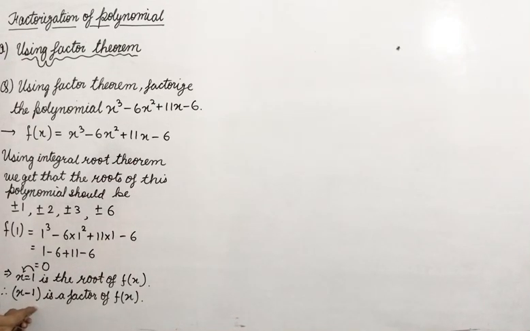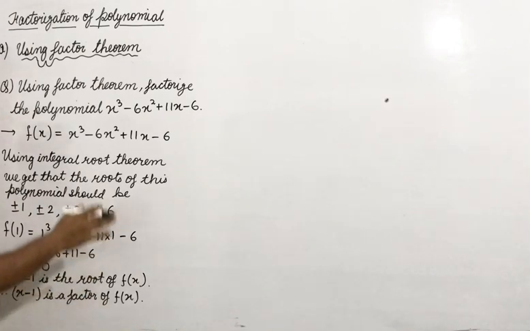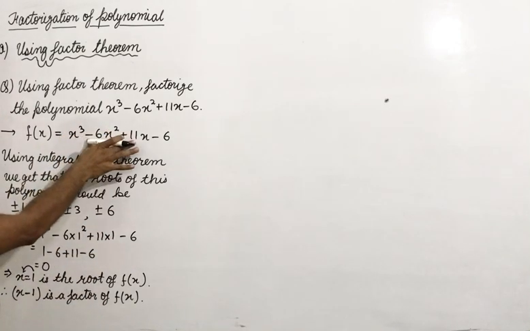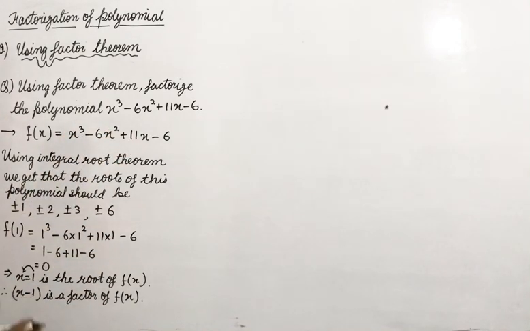Remember, if x equals 1 is a root, then x minus 1 is a factor, and if x minus 1 is a factor, then x equals 1 is a root. So if x minus 1 is a factor of this polynomial, then if we divide this complete polynomial by this factor, we will get the remainder 0 and we will get a quadratic quotient.